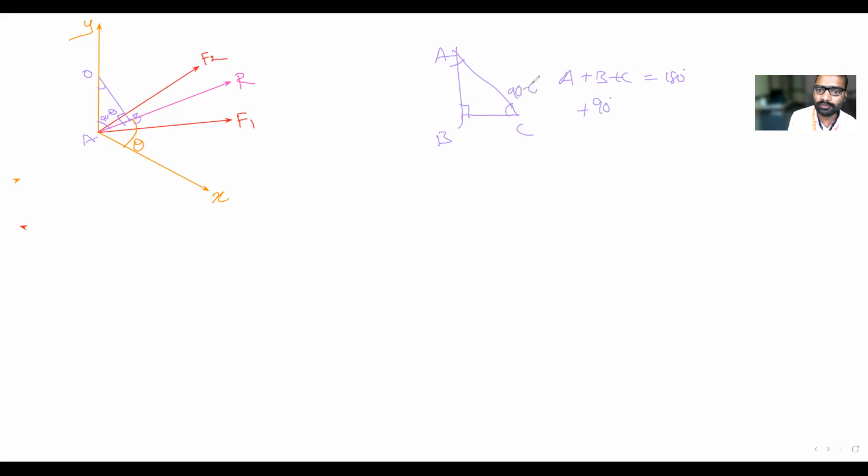I want to find angle A. The 90 and 90 cancel against 180, so the angle of A is theta only. The two angles together make 90, so if this is theta, then this is 90 minus theta. Are you agreeing? Yes, sir.